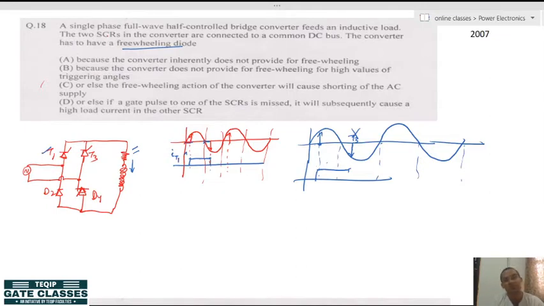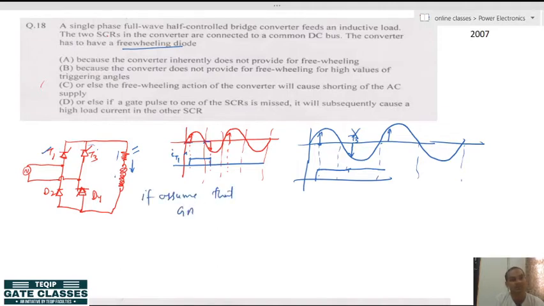But if the gate pulse of T3 is missed, meaning you have not given the gate pulse to T3, then to maintain the continuous load current, this T1 has to remain turned on till here also. In other words, assume the gate circuit of T3 is destroyed.